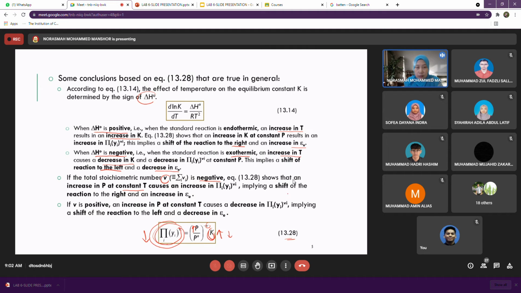So the reaction will shift to the right and increase the value of epsilon. When V is positive, if P is increased, yang ni positif ni jadi negatif V ni. So the value yang ni adalah decrease. So the reaction will shift to the left and decrease the epsilon. Right?